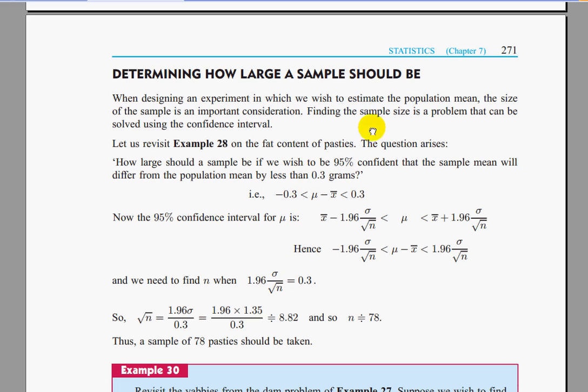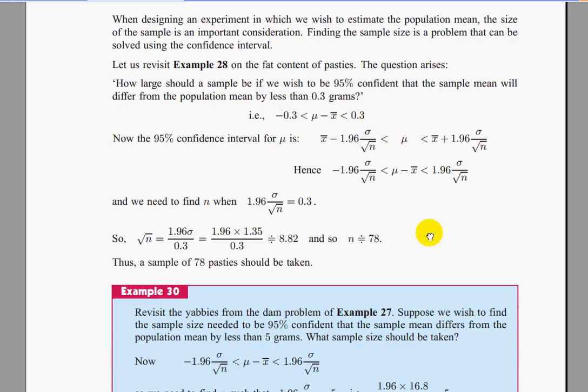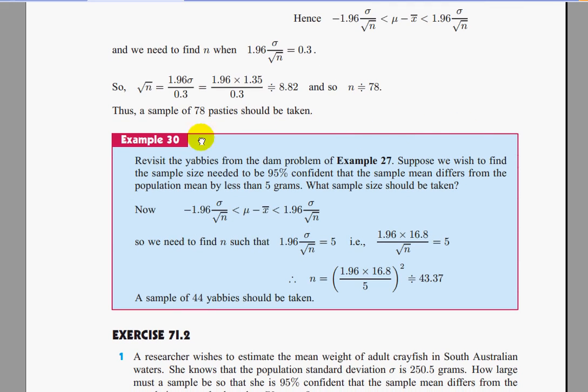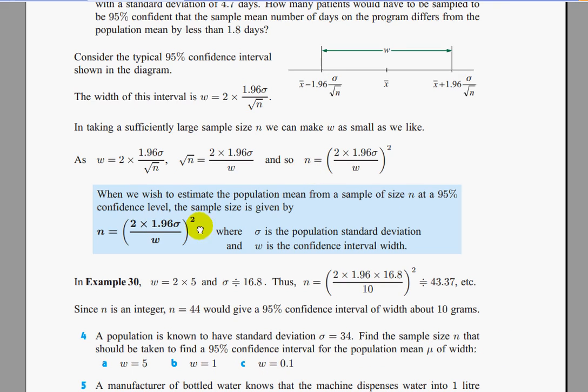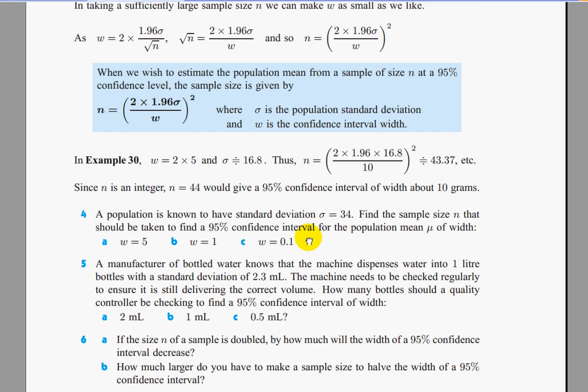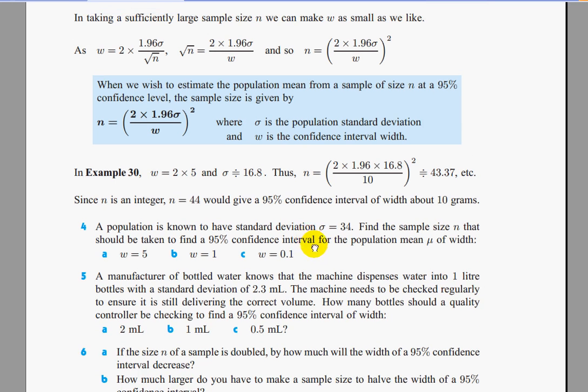And lastly, to determine how large a sample should be given a certain level of confidence that you should attain, take a look at this and make sure you write this particular formula on page 272 into your cheat sheet. It will be very useful. And that's it for chapter 7.